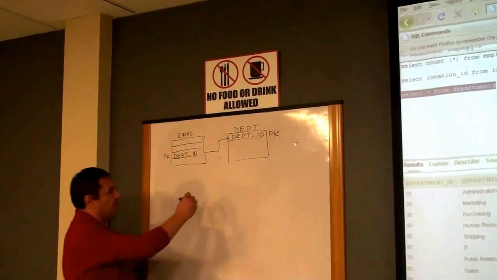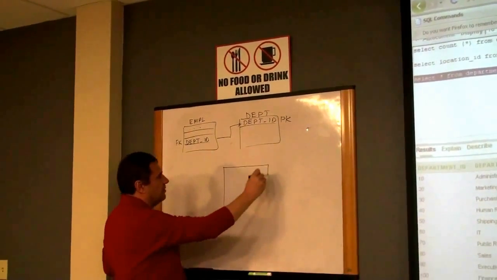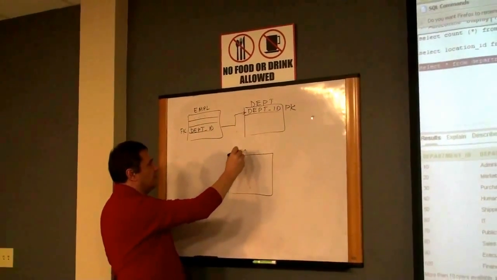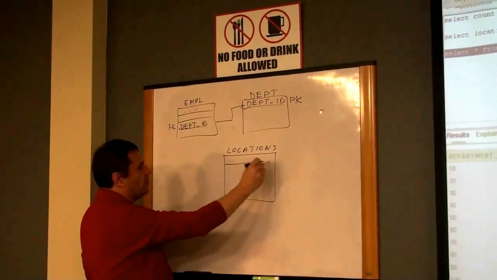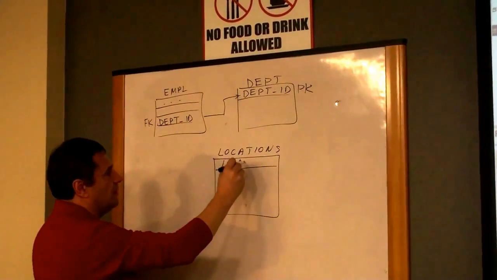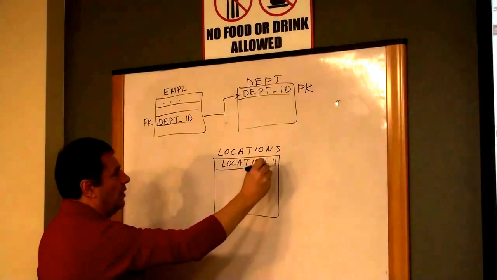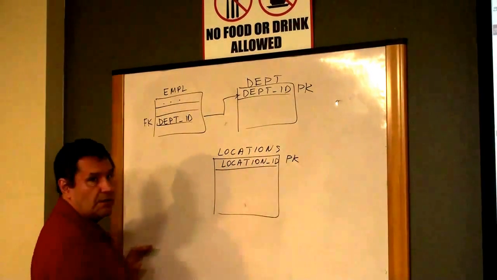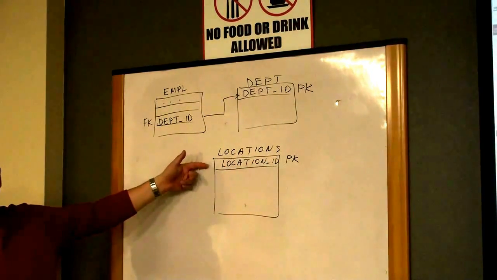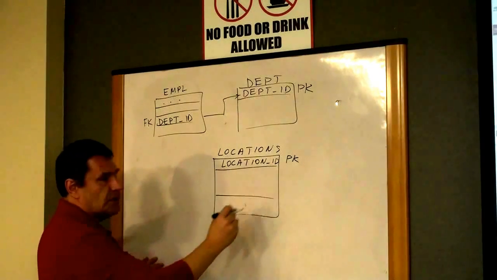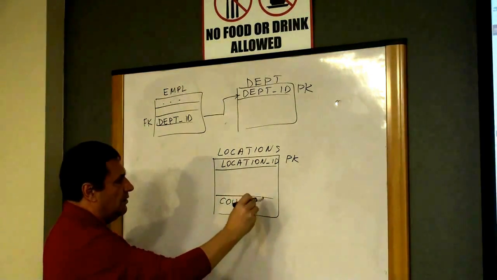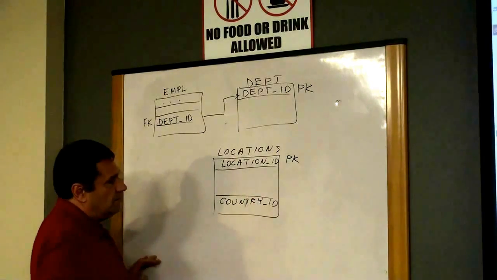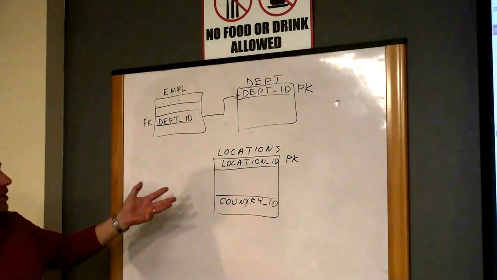Now, also we have the locations table. And locations has location ID, which is a primary key here. Okay, it lists the location ID, and another field is country ID, which is not a primary or foreign key here.